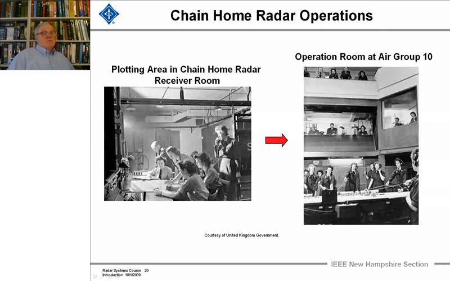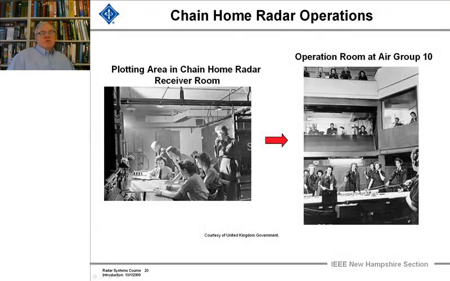And here is a plot room where the receiver operators would plot the position and range, and would send the position, range and azimuth to a station, which would be the command and control center for the site, and then to an air operations group where they'd have little markers on a giant map of the lower section of Great Britain showing the progress of the attack, and then via telephone lines alert the British fighters where to go to meet the attack.